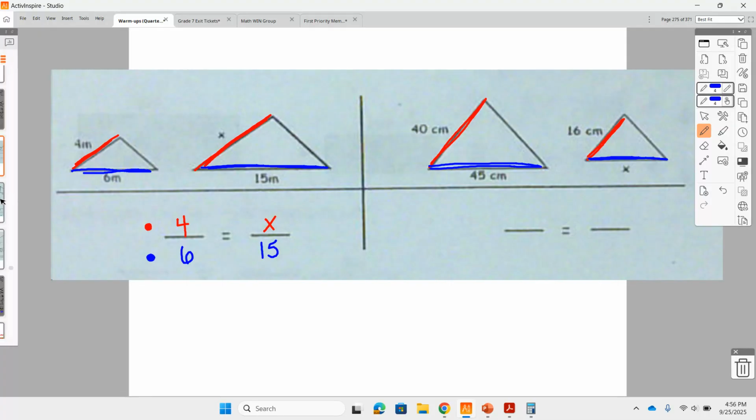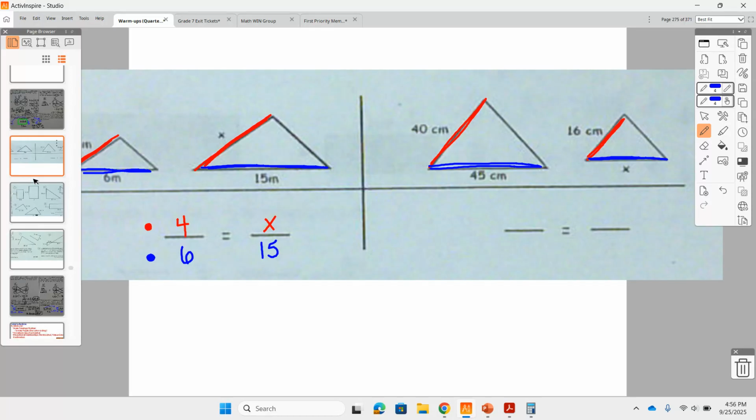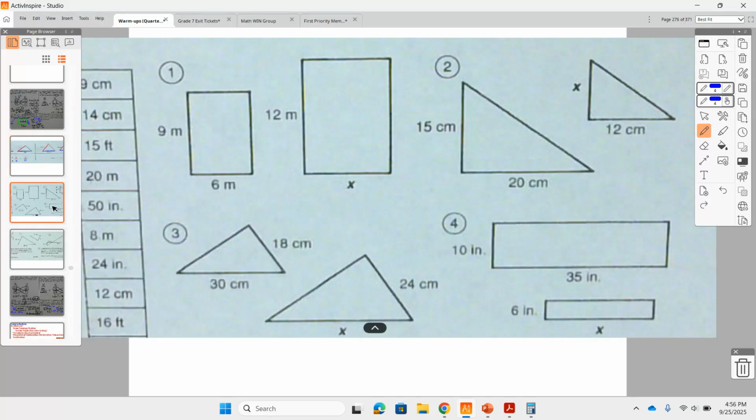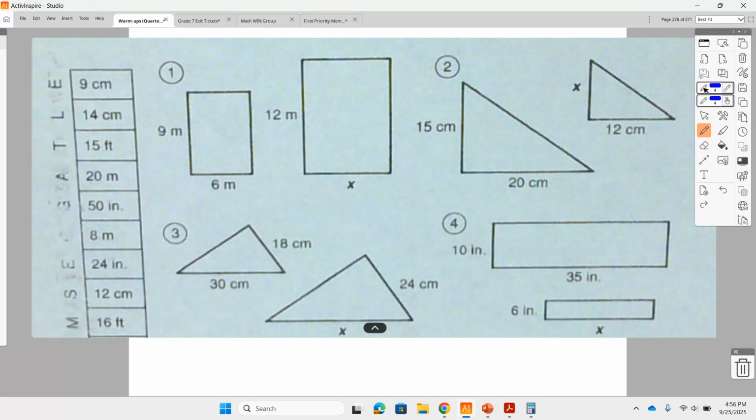Okay, we're going to come back to that. I want you to go ahead last in this video and look at your work for today. It's the termite puzzle. So this one's going to ask you to set up proportions using scale drawings. So basically these similar figures are either larger or smaller. So do the same thing with setting up a proportion. 9 and 12 are matching.